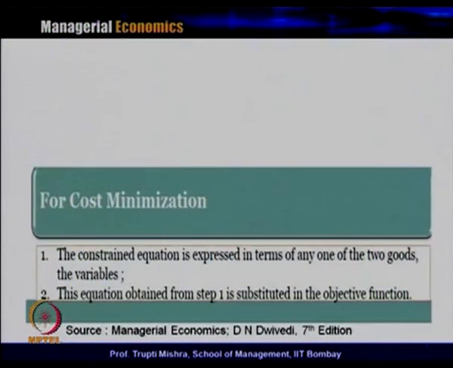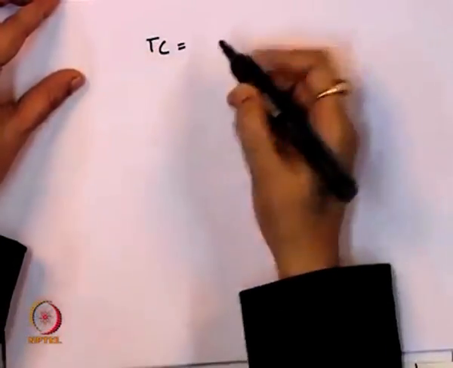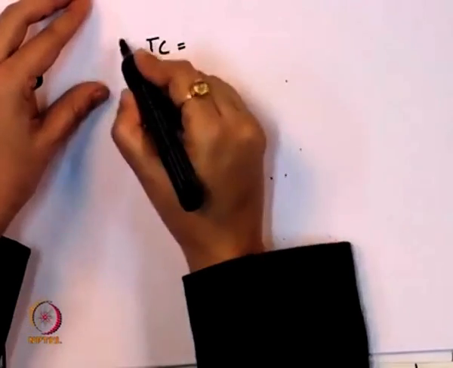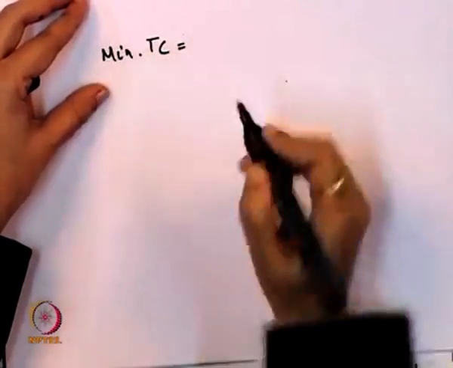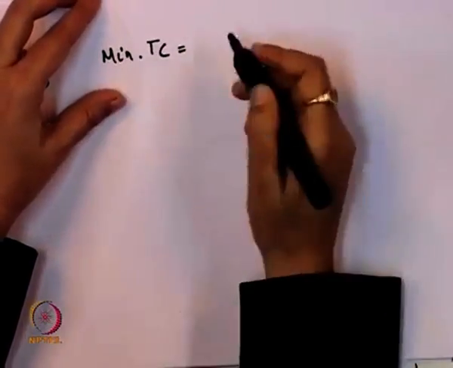Now we will see through the substitution technique how we can do a cost minimization problem. So here, what is the optimization problem? The optimization problem is minimization of the total cost. Now what is total cost?